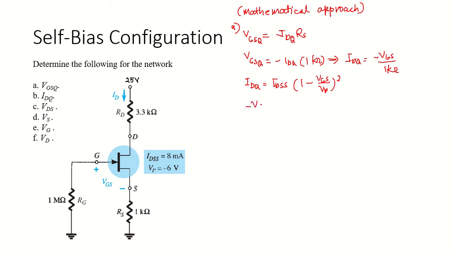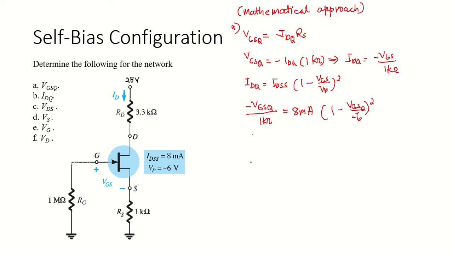So we will have negative VGSQ all over 1 kilo ohm is equal to IDSS, which is given as 8 milliamperes, times 1 minus VGS all over VP, which is given as negative 6 volts, squared. So we now have one equation, one unknown here, so we can solve for the value of VGSQ.